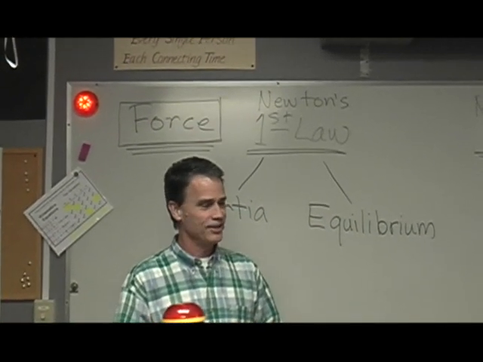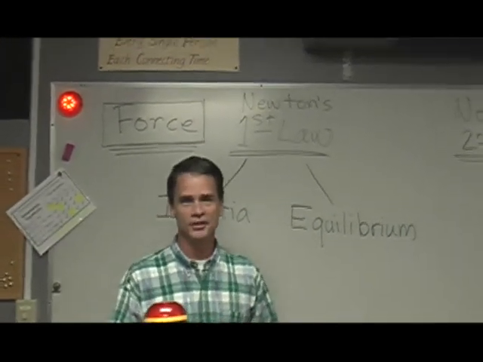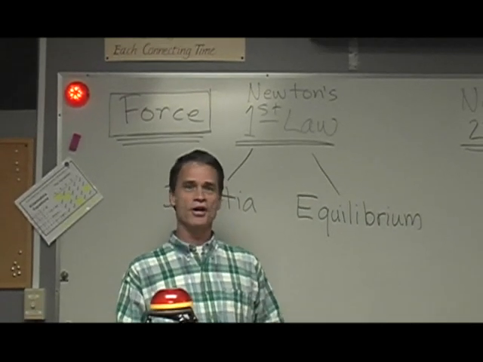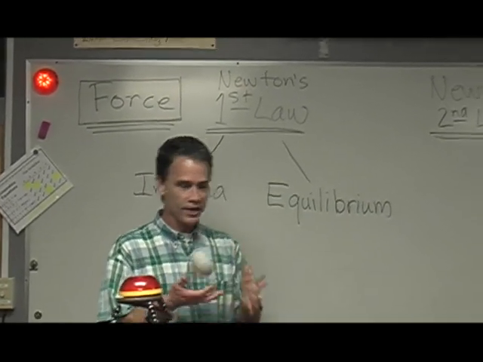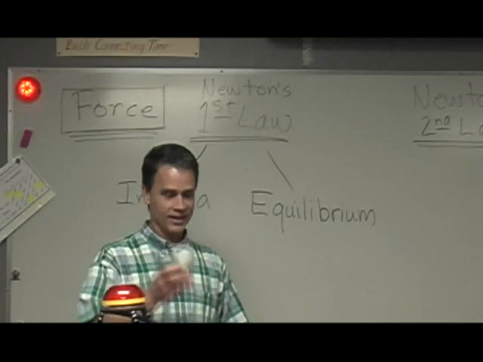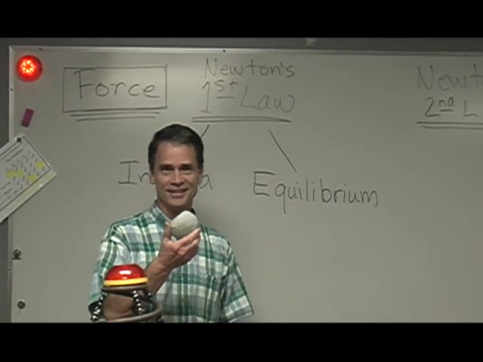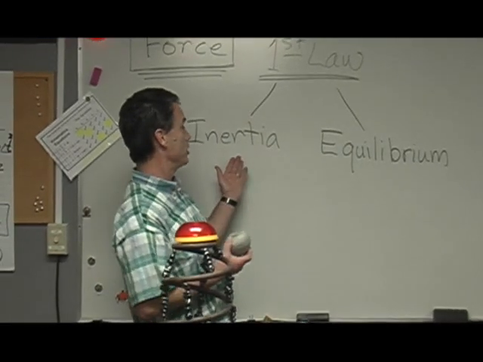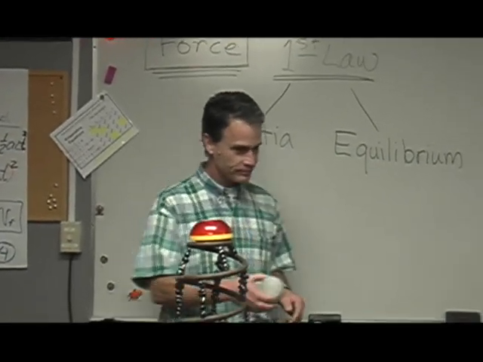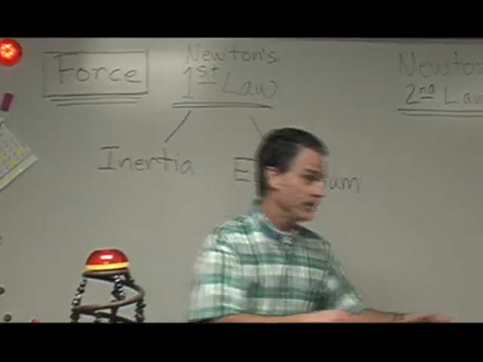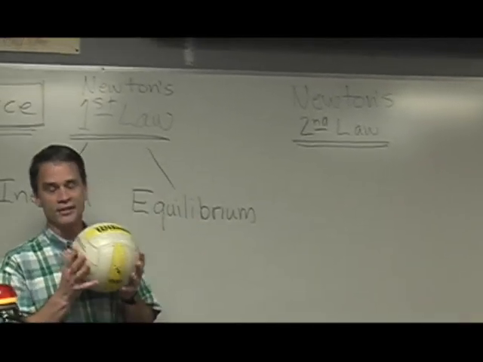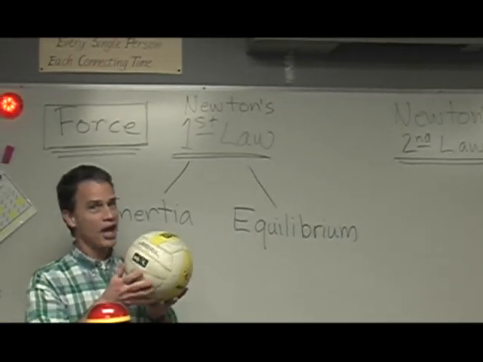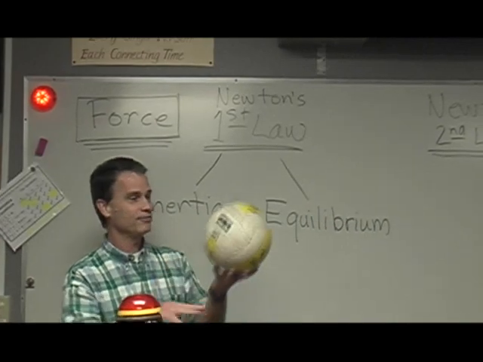There's another word that we use for it that's more familiar. Mass is the measure of inertia. So if you have a rock this size versus a boulder, this one has less inertia or less mass. Mass measures inertia. And if you had a rock this big, of course it would have a lot more inertia than this volleyball.